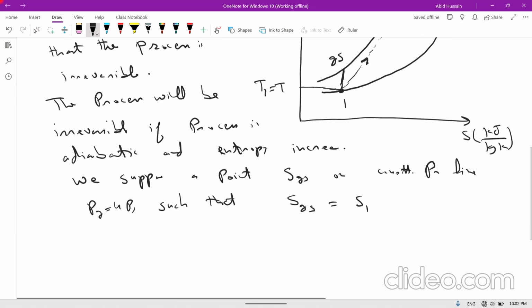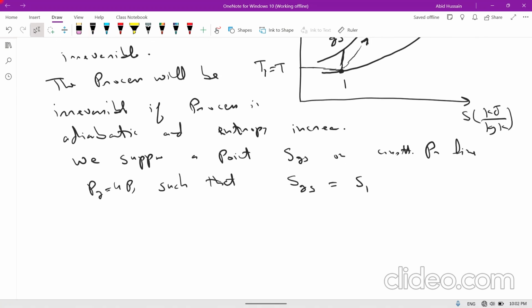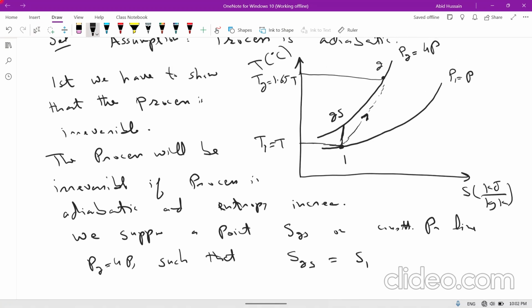So for that we find T2s divided by T1. If T2 is greater than T2s, then the entropy at point 2 will be greater than the entropy at point 2s and the process will be irreversible.